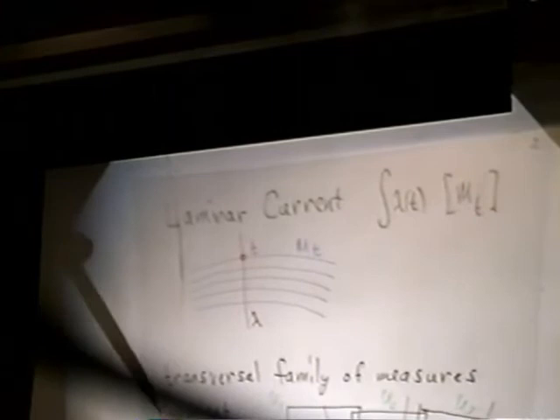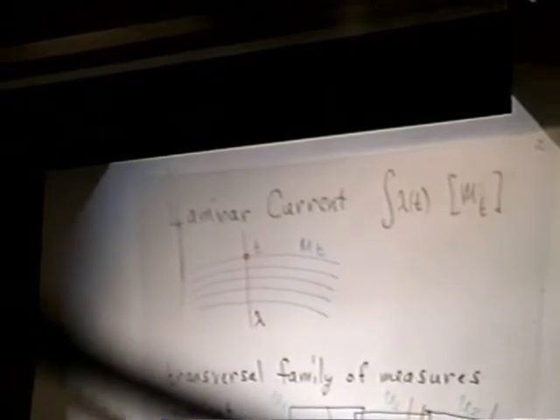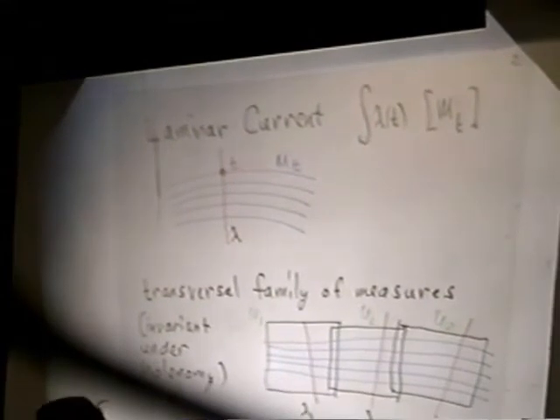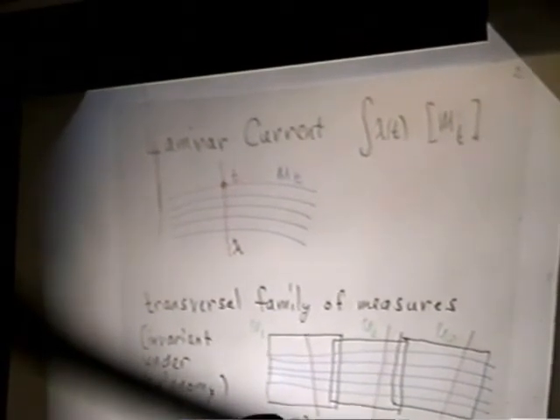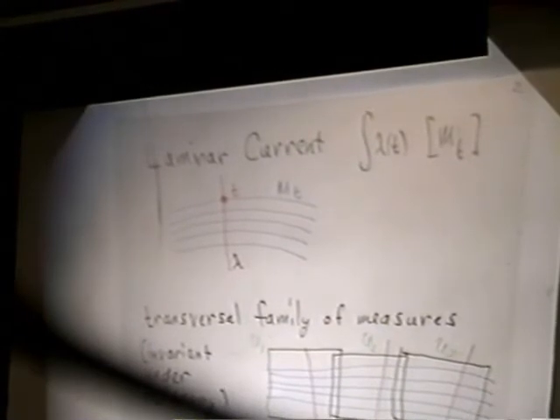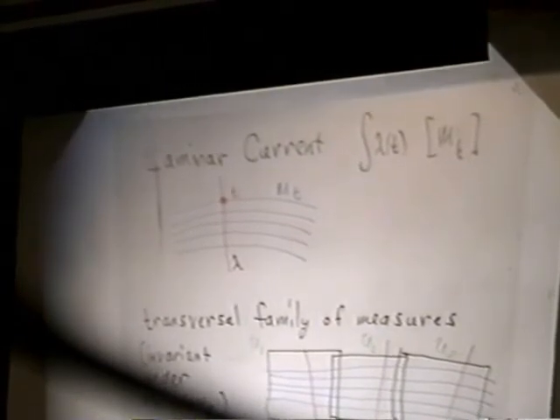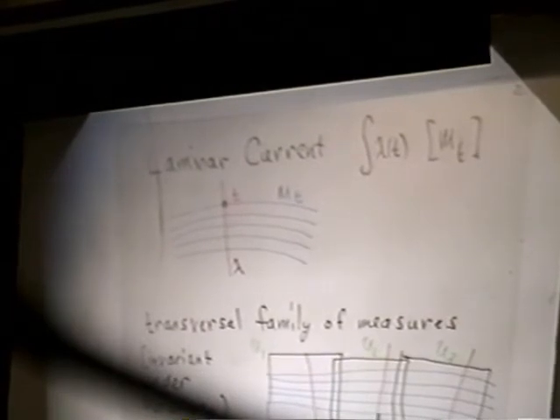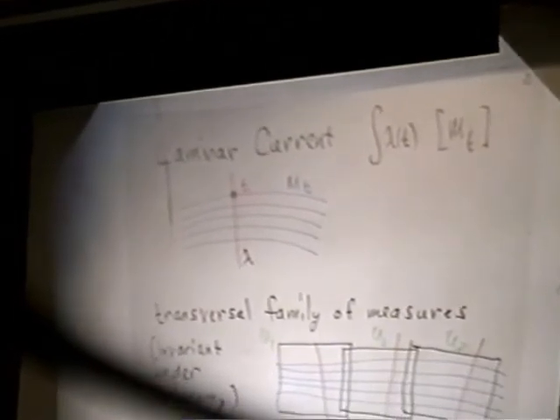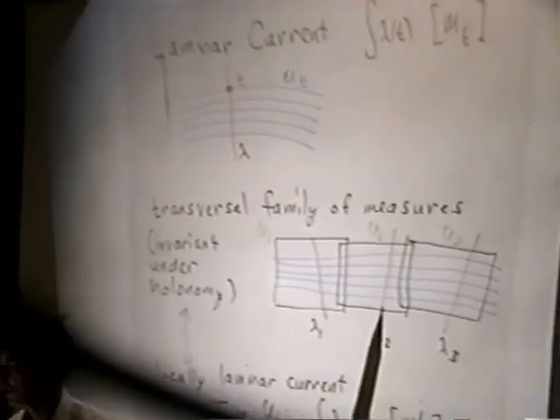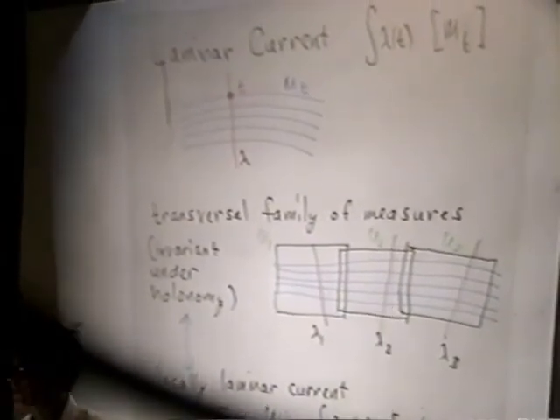This is an object that comes up in other contexts, or has a lot of equivalent formulations. Suppose you have a transversal family of measures on your lamination. What that means is you have transversals, and on each transversal there is a measure. If you follow from one transversal to the next via the holonomy, it takes the measure lambda 1 to the measure lambda 2, and further it takes the measure lambda 2 to the measure lambda 3.